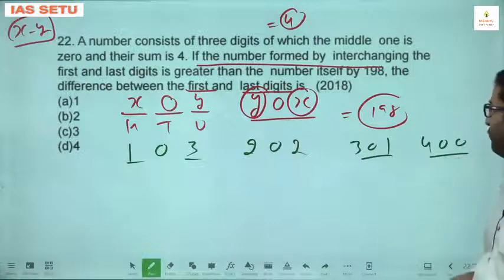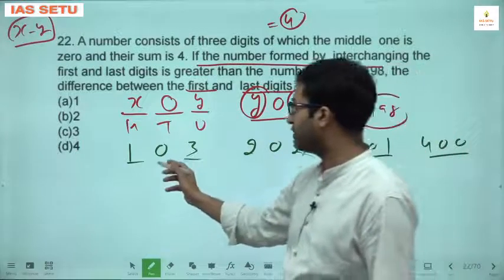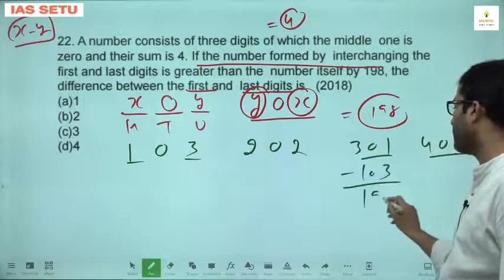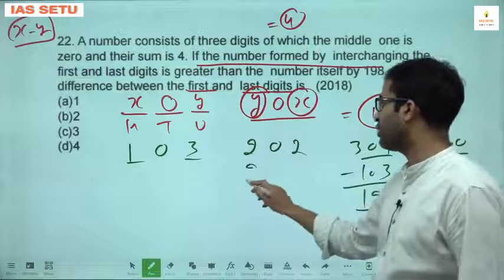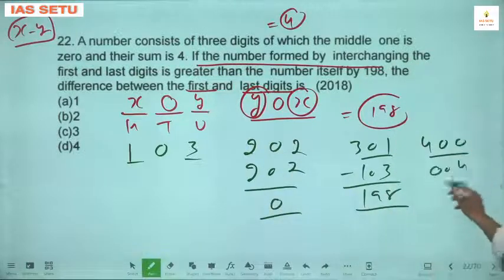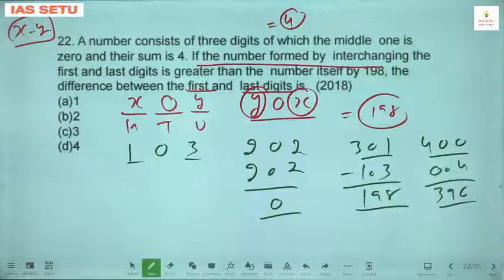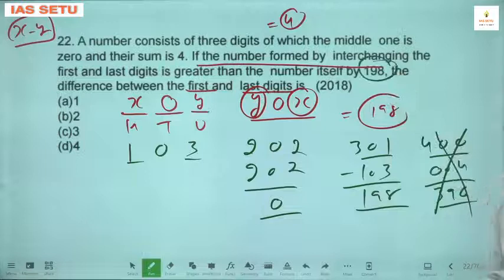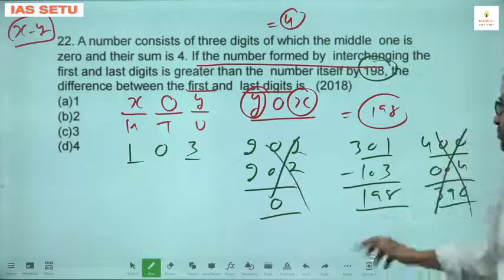From this, 103 or 301, when we take the difference, it comes to 198. If we reverse 202, we get 202, the difference is 0. When we reverse 400, the difference comes to 396. So it does not match the question, because the difference has to be 198.